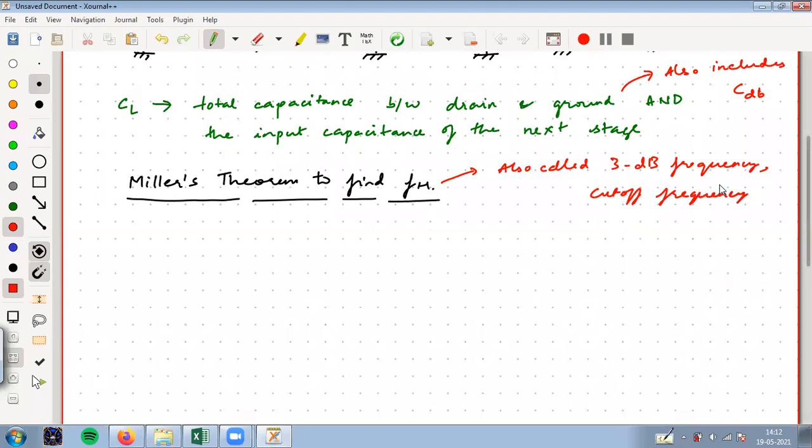Sometimes it is also called corner frequency, right? This is the frequency at which your gain starts to change. So we'll see how to draw the Miller's diagram first.